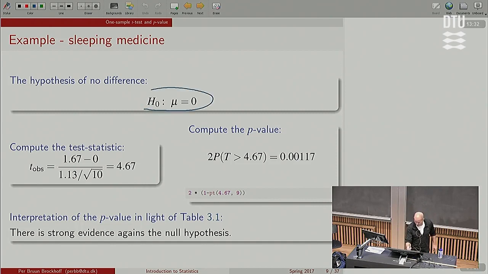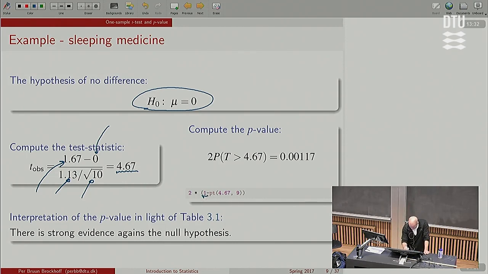If we test this hypothesis, here is the test statistic that you already saw. The observed mean compared to the hypothesized mean for this particular hypothesis, divided by the standard deviation over root n, which is the standard error of the mean, the uncertainty of the mean, s over root n. I find the number 4.67. I have to use the t-distribution. I have to use R to look up this probability.